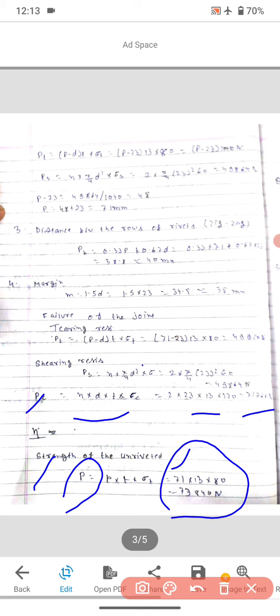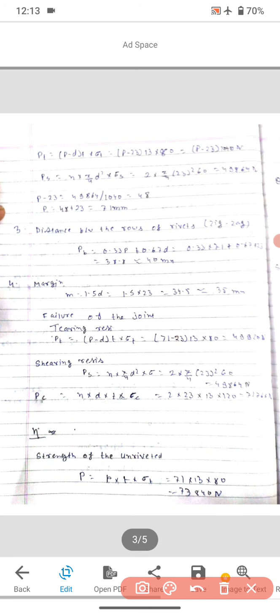Now the next procedure is to find the minimum of the three: tearing resistance, shearing resistance, and crushing resistance. You may find the minimum value is the shearing resistance value, 49864 Newton.